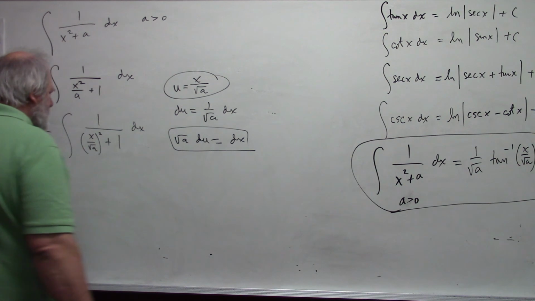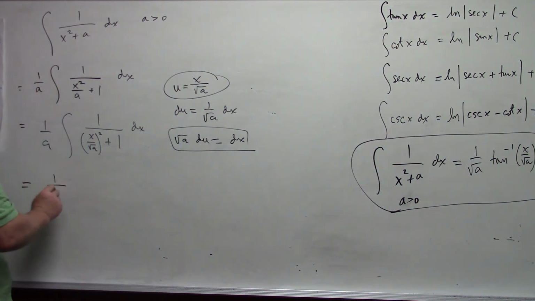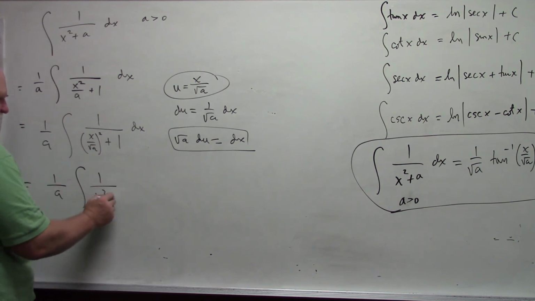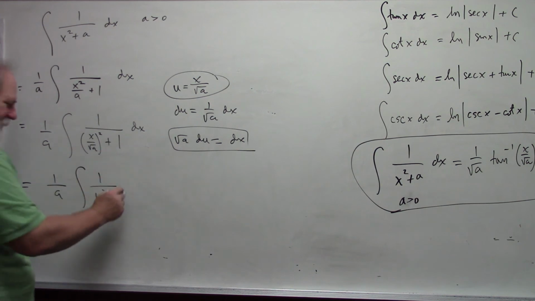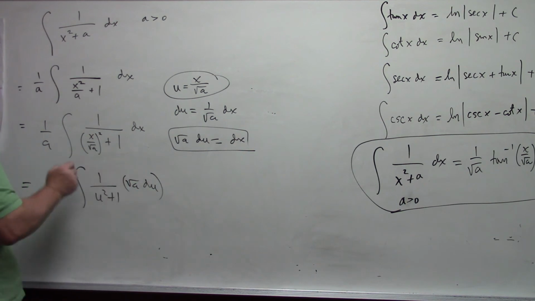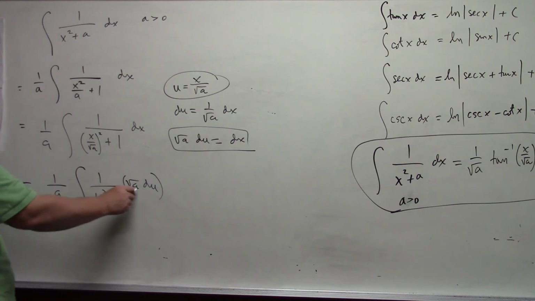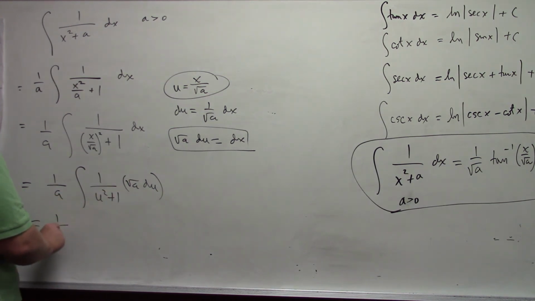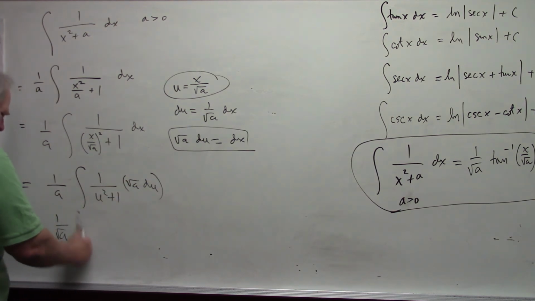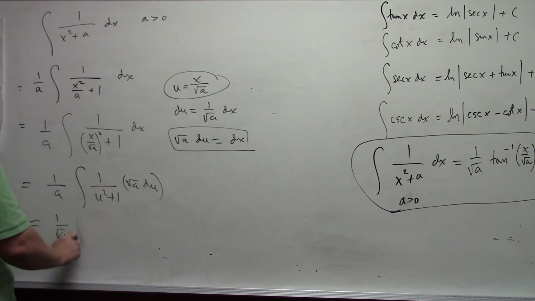Making this substitution, we get 1 over a, 1 over u squared plus 1, and then dx was the square root of a times du. This number I can move in and out of the integral sign. That's not a problem. And I get the square root of a divided by a, which is 1 over the square root of a. And hopefully you recognize that 1 over u squared plus 1 is arctan of u, the antiderivative.